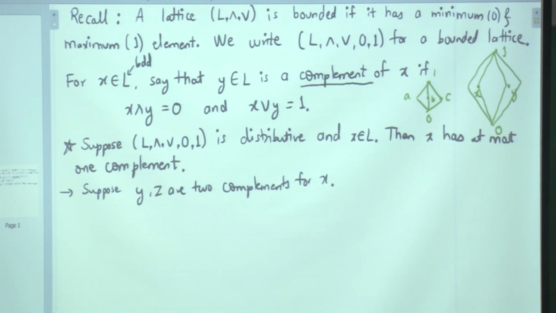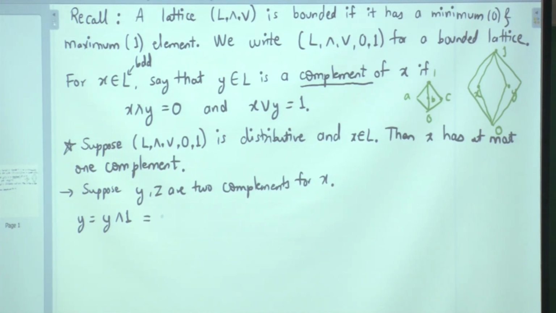One thing we should know about the top element and the bottom element is that y can be written as y meet 1. What is the greatest lower bound of y and 1? Y. So y is equal to y meet 1. What can we write for 1? Well, we have to introduce z in this. So x join z is 1.